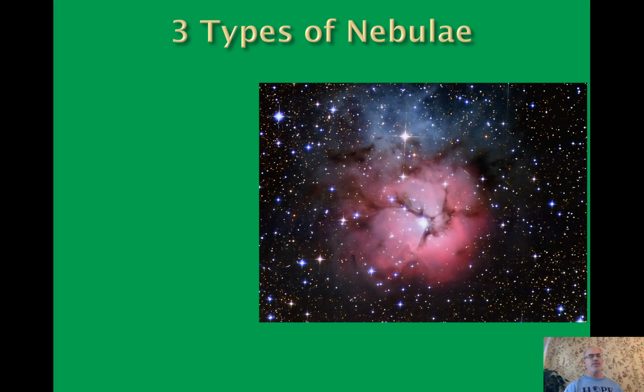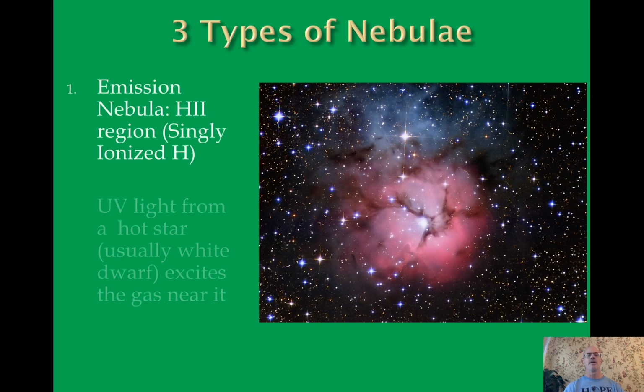There are basically 3 types of nebula, okay? There are going to be emission nebulae, which are also known as singly ionized hydrogen nebulae. Basically, the way an emission nebula works is you have this cloud of gas, and you have ultraviolet light from a very hot star. We know white dwarfs are extremely hot.